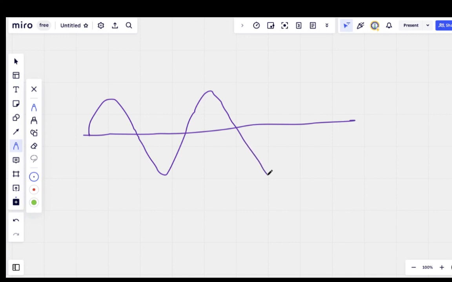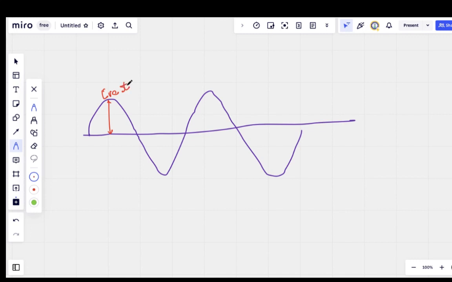For example, the distance from this place to this place is amplitude, right? So from the equilibrium position to this peak, which is a crest, is the amplitude. We can use peak or we can use crest.